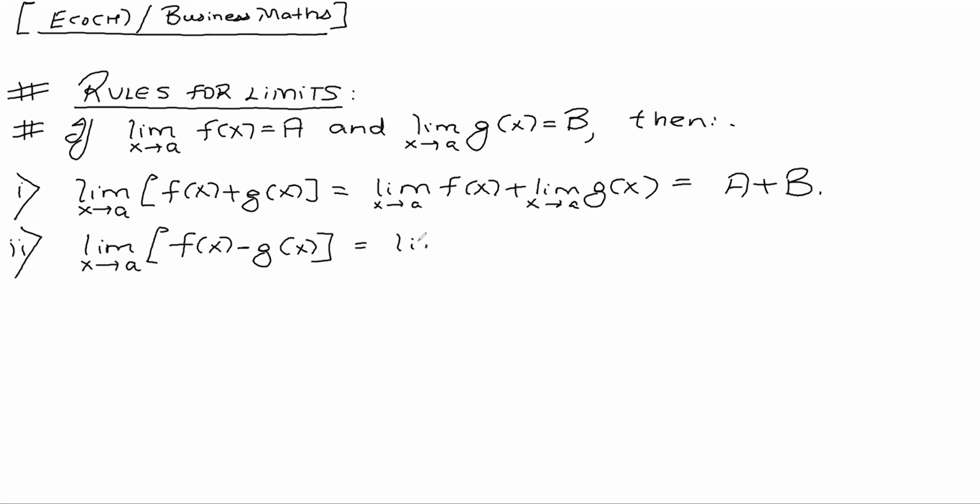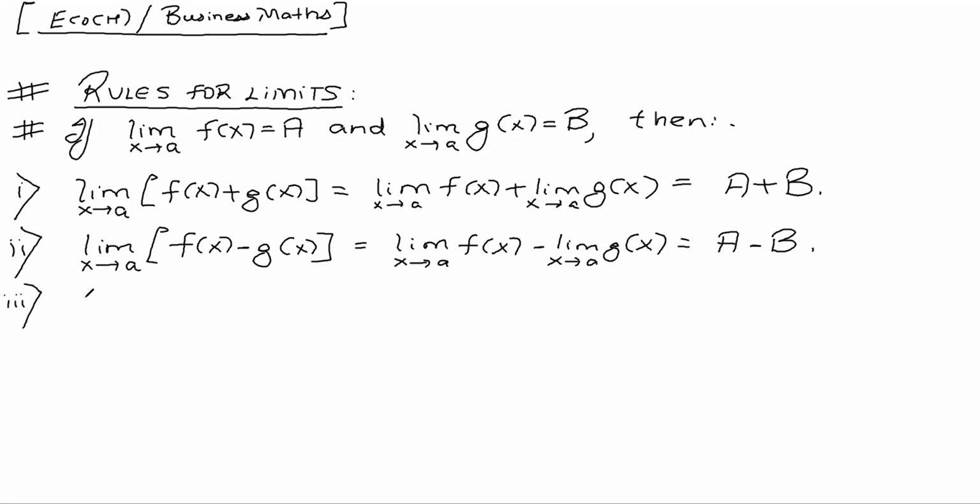Then again I can separate it and I can write it like this, where we know that the value is nothing but A minus B. So I can say limit of the difference is the difference of the limits. First rule says limit of the sum is the sum of limits. Second rule says limit of the difference is the difference of limits.